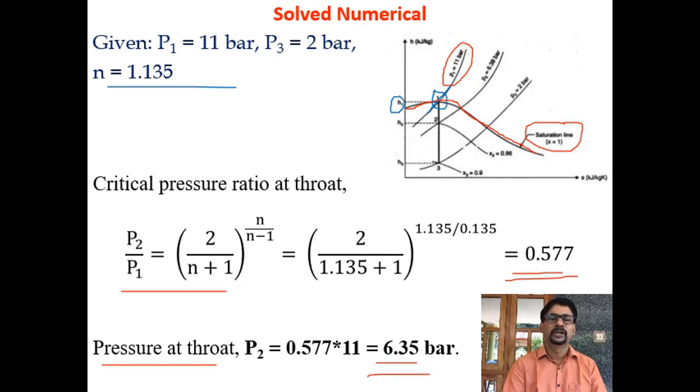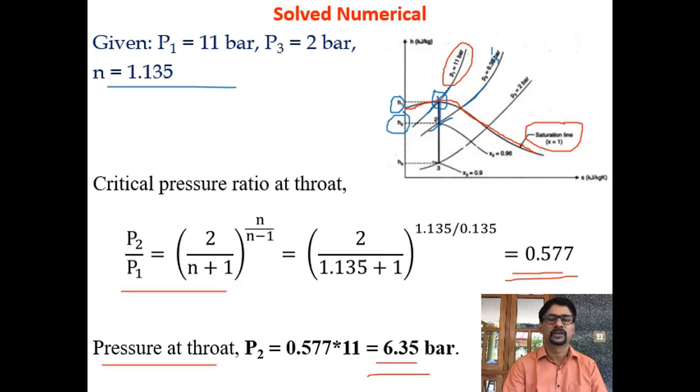Now you already calculated 6.35 bar, which is P2. Come vertically down from point 1 till it intersects 6.35. You may not have exactly 6.35, but approximately you have to imagine a line, assume that the line drawn vertically from point 1 intersects it, and locate that point using pencil. The corresponding enthalpy you can note down as h2.